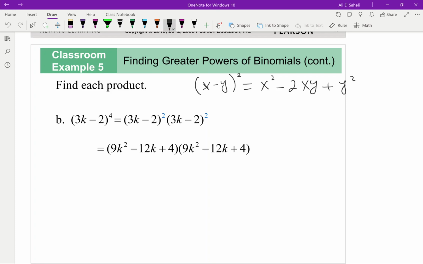So 3k squared becomes 9k squared. Then minus 2 times 3k times 2. So minus 2 times 3 is minus 6, times 2 is minus 12k. So we get this.